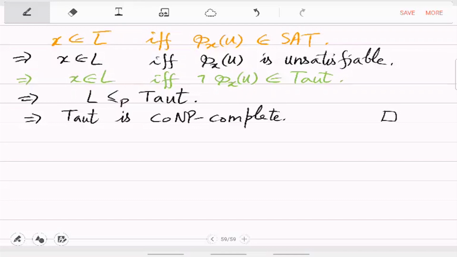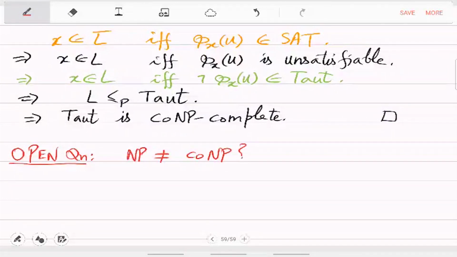And the open question is whether these two concepts are the same. So is NP different from co-NP? Okay, so in fact these two complexity classes, are they the same?